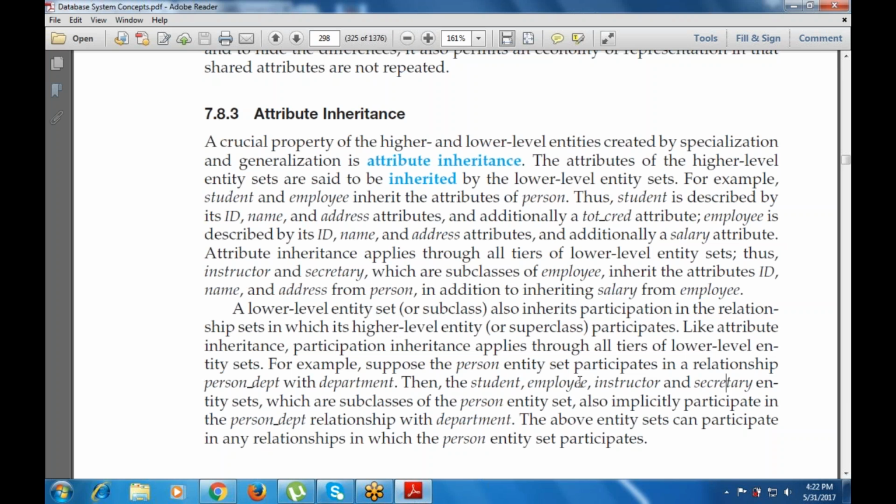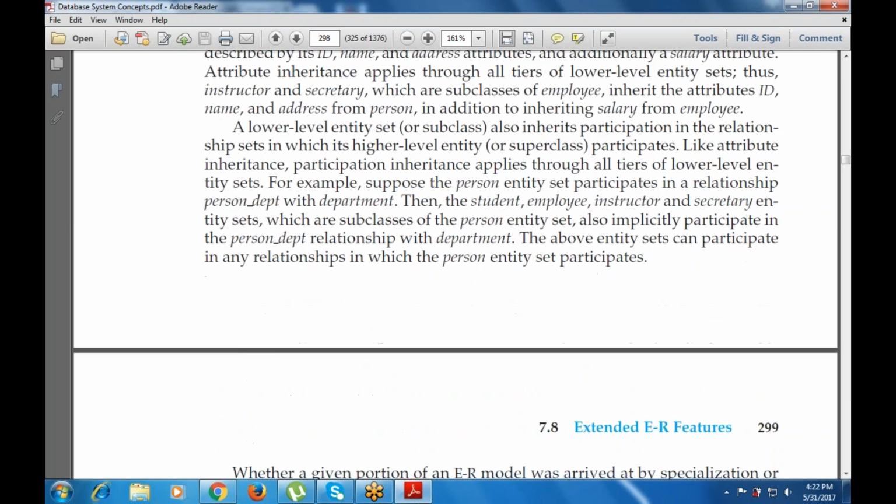Therefore, any of these entity sets can participate in any relationship in which the person entity set participates.